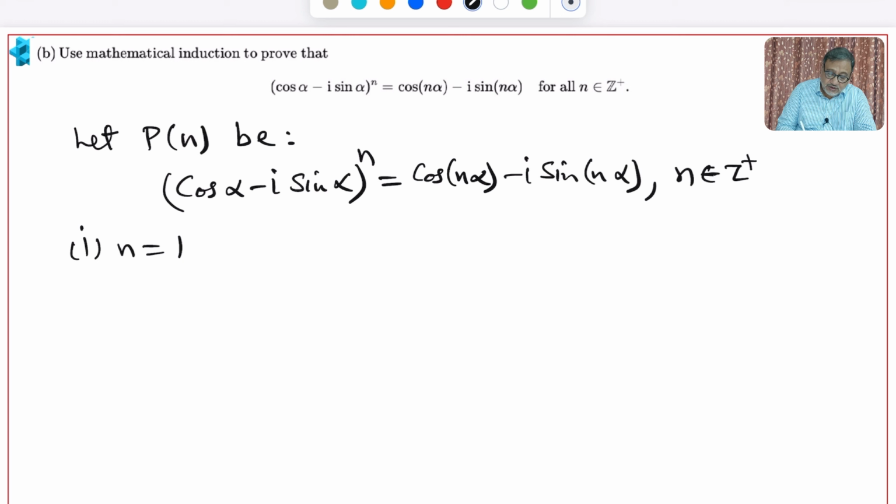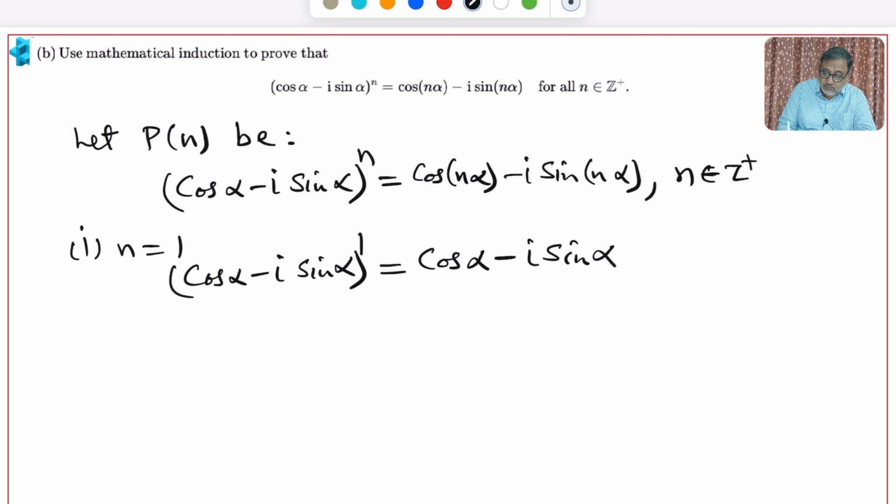Okay, for n is equal to 1, cos of alpha minus I sin of alpha to the power 1 will remain cos alpha minus I sin alpha, and this we can write as cos of 1 into alpha minus I sin of 1 into alpha.